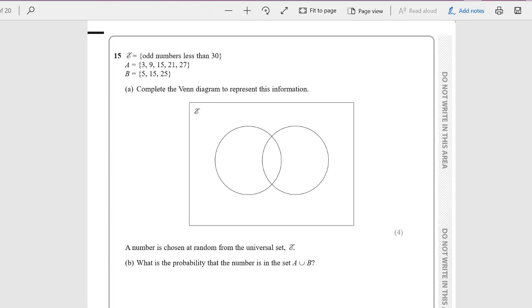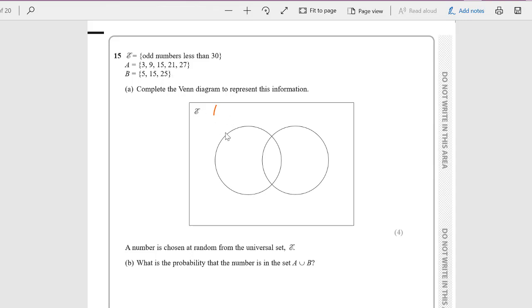Okay, number 15, Venn diagrams. A means odd numbers less than 30, so A is 3, 9, 15, 21, 27, and B is 5, 15, 25. Complete the Venn diagram to represent the information. So we can start off with odd numbers less than 30.